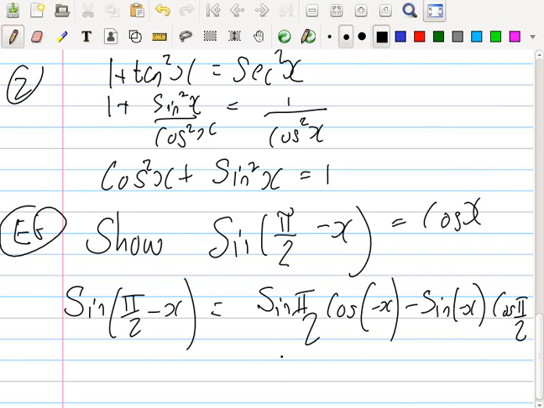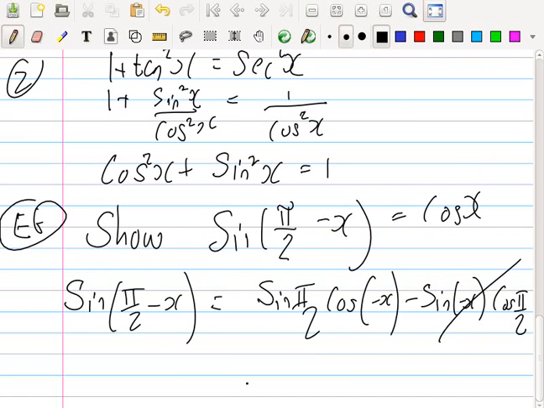Now, sine pi over 2 is 1. And what's cos pi over 2? It's 0. So you're left with cos minus x. But this looks wrong, because what should we have? We should have cos x. Anybody know how to fix it?